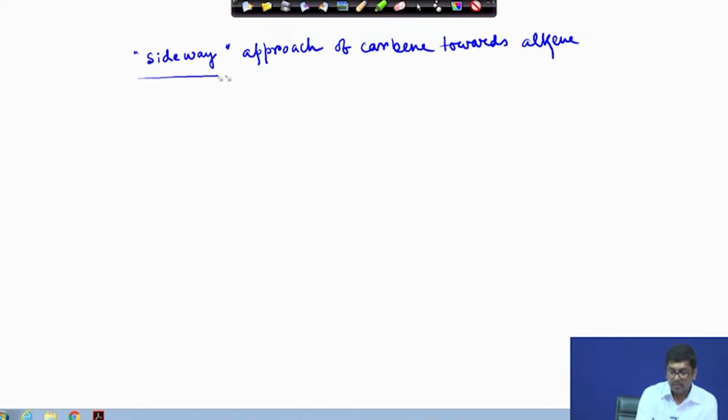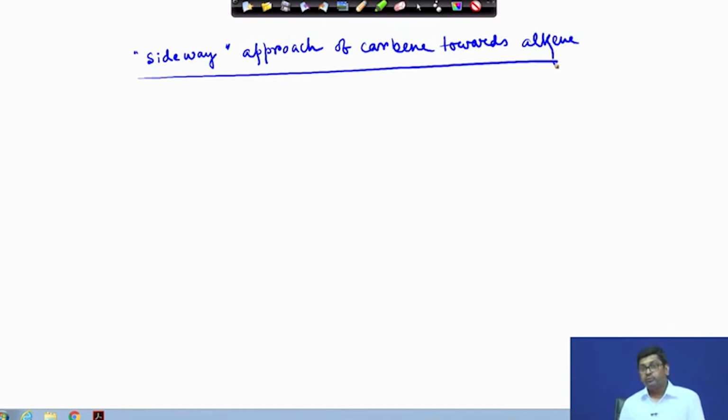Okay. So, direct approach does not work for this addition of this carbene towards the olefin. Okay. So, orbital symmetry is not approving that. So, let us see how the sideway approach is working.